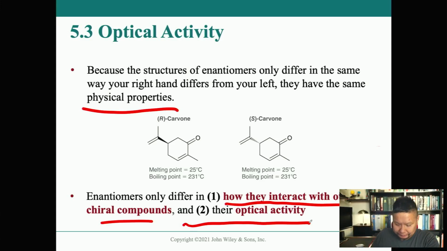We'll figure out in a second which one's which. But that's what it means by how they interact with other chiral compounds. A very good example of a chiral compound is a protein or an enzyme, something in your body. They are all very chiral specific, right?